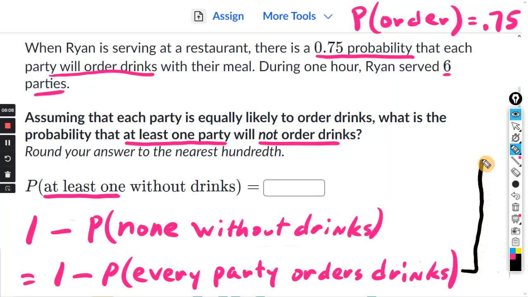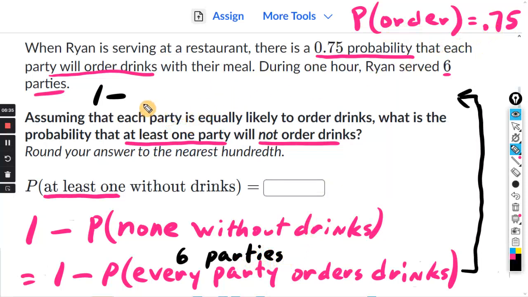And what I am going to do is rewrite it up here. So we have 1 minus the probability that every party, there's going to be 6 parties. It says it right here. And the probability that each one orders a drink is 0.75.